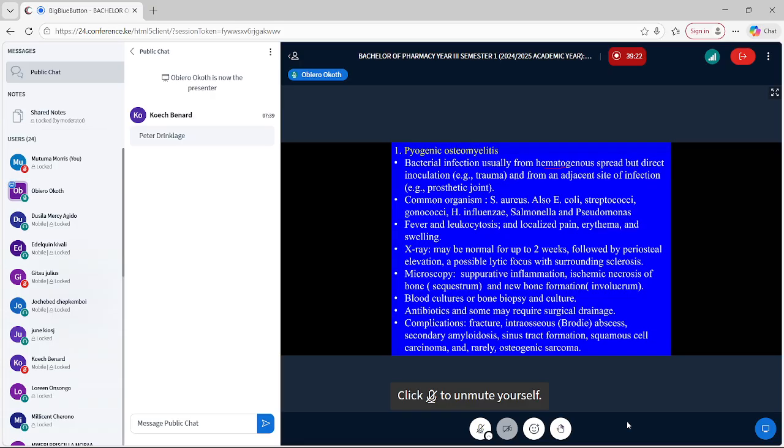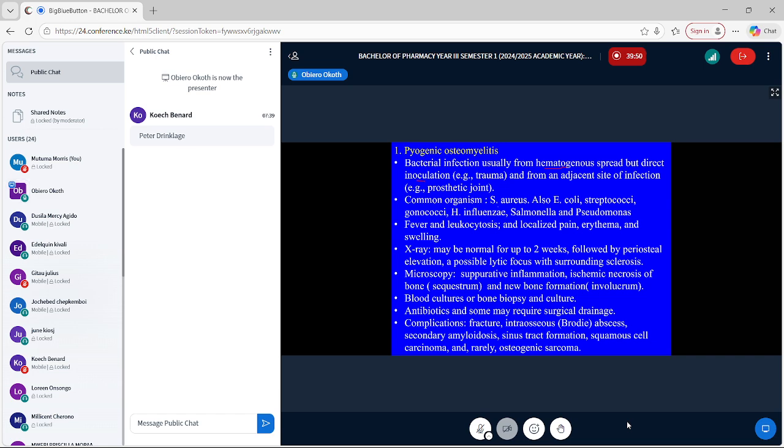But sometimes you can have trauma, a patient with bone fractures like an open or compound fracture into the wound, or you have a joint infection going into the bone.